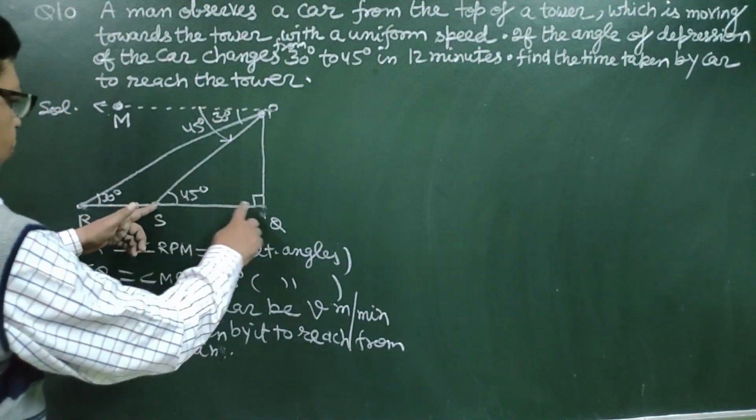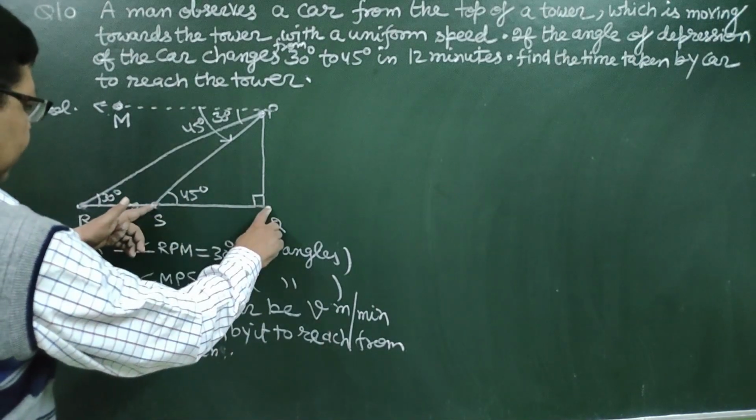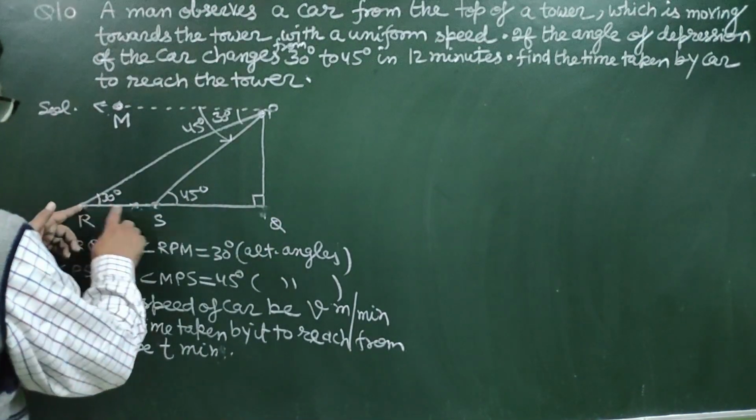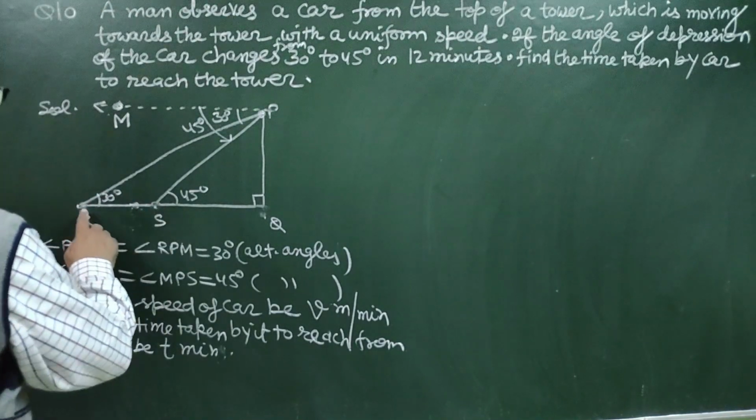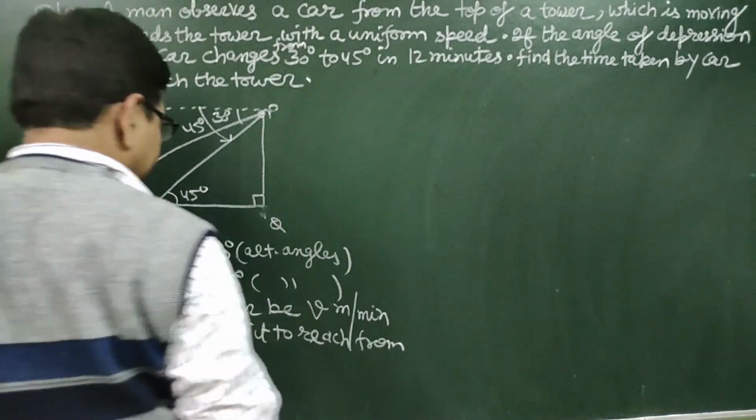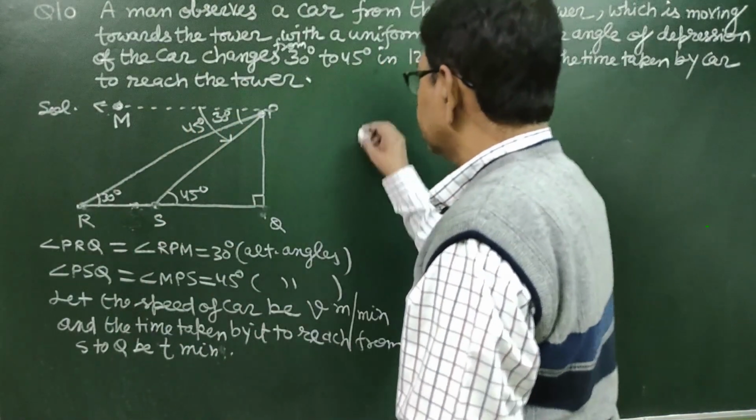From S to Q it takes T minutes, and the time from R to S is 12 minutes. So how will you calculate the distance RS?